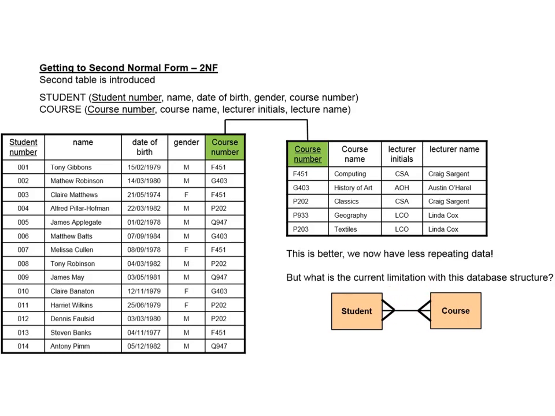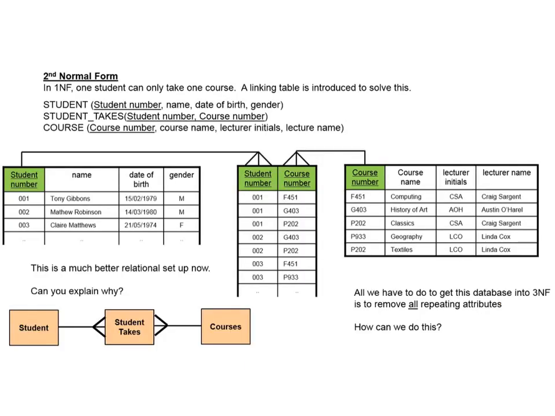This is very important to spot in exams, as many-to-many relationships are not allowed. To solve this and get the database into second normal form, we must create a linking table and flip these many-to-many relationships into two one-to-many relationships. This is very easy to do once you spot it.